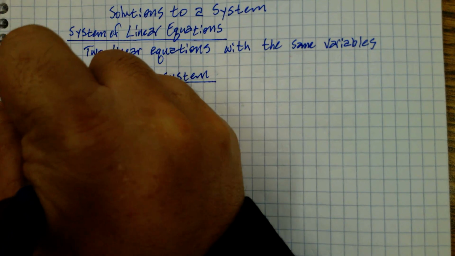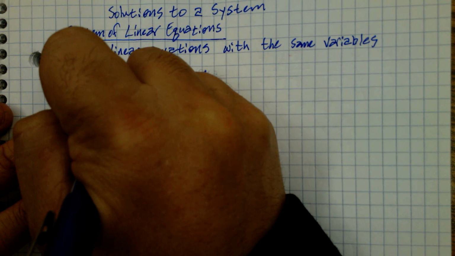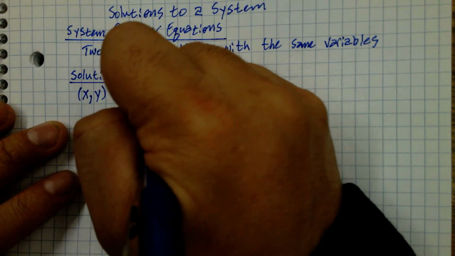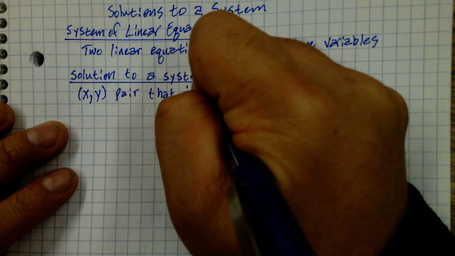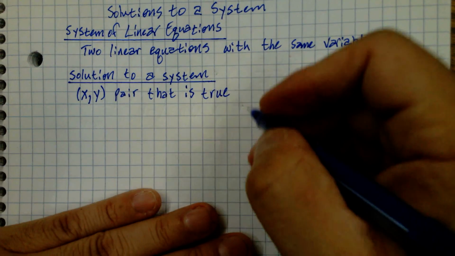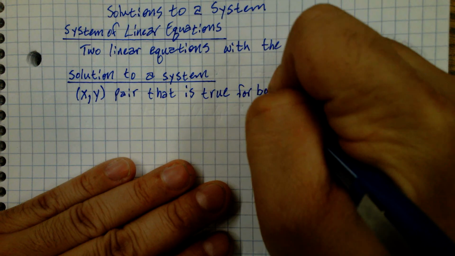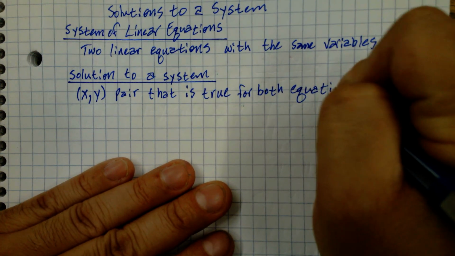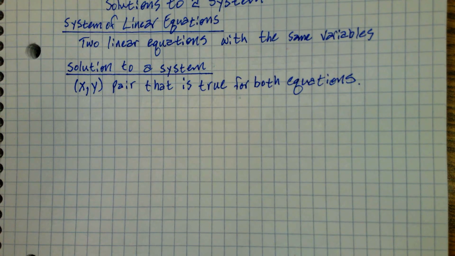So we're going to just say an xy pair that is true. I'll talk about what being true is in a bit for both equations. So go ahead and write that down.